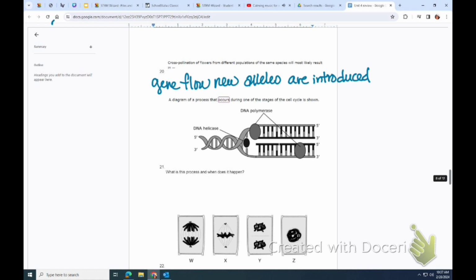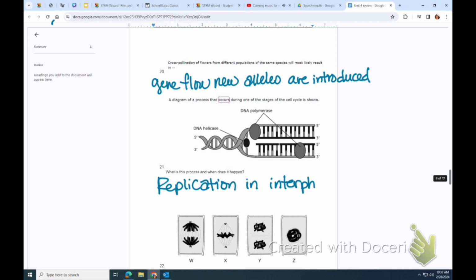What's happening? What's the name of this process? No, telophase is in mitosis. You're on your one pages. DNA replication. Yes. DNA replication in interphase. What phase of interphase does it happen in?